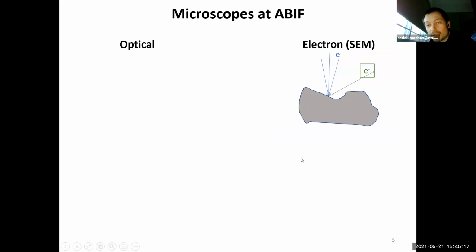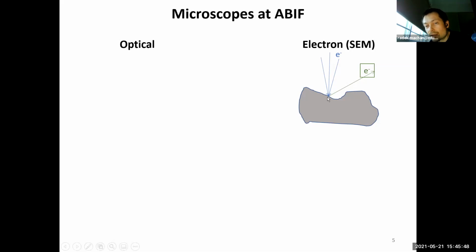So in electron microscopy, as the name suggests, and in scanning electron microscopy, we have a focused beam of electrons which are interacting with the sample, and we are looking at either electrons from the beam which have been scattered from the sample, or, and that's typically the main source of the signal, secondary electrons.